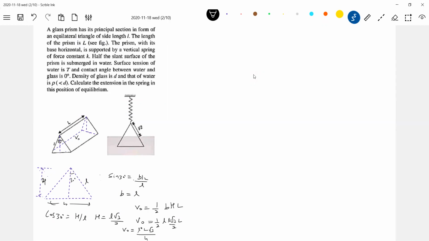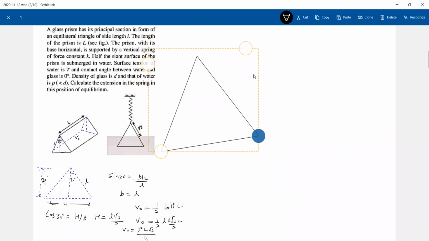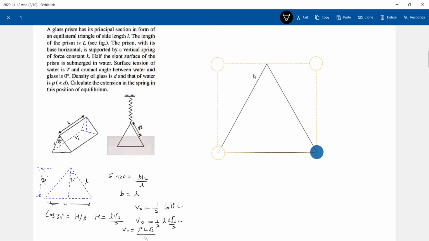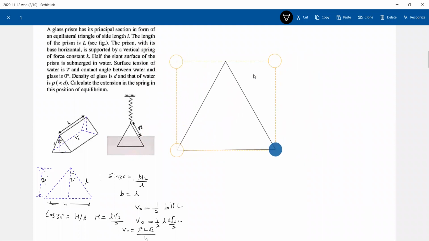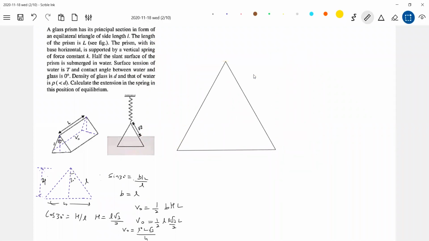Half of it is immersed. Okay, let's get into the problem. So here I'll bring a prism. Half of the slant length is immersed.